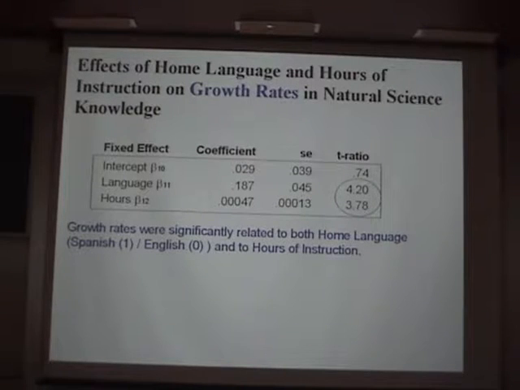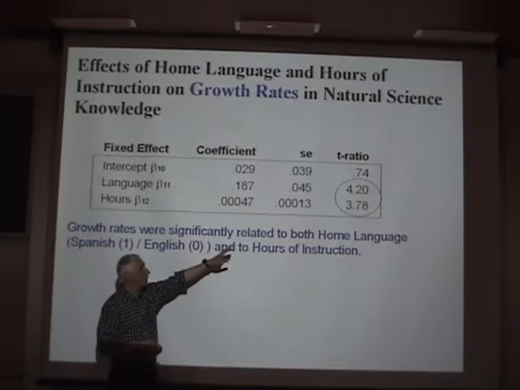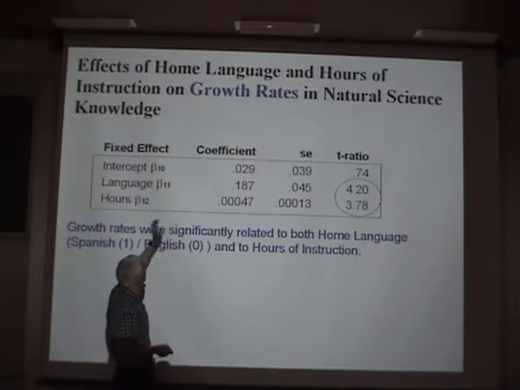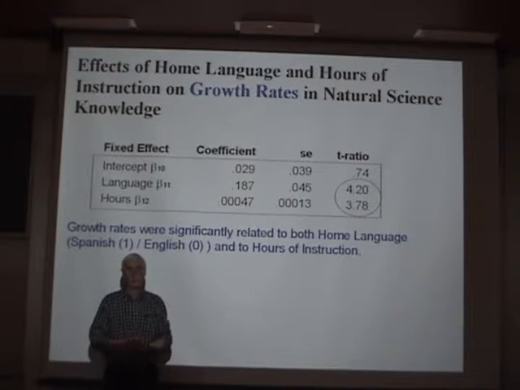So now the outcome is growth rates. The outcome is the growth rate. So why is it some kids have steeper trajectories than others? And so we put home language into the model to predict growth rates. We put hours of instruction into the model to predict growth rates. And we found that language predicts growth rate, statistically significant, and hours of instruction predict growth rate.